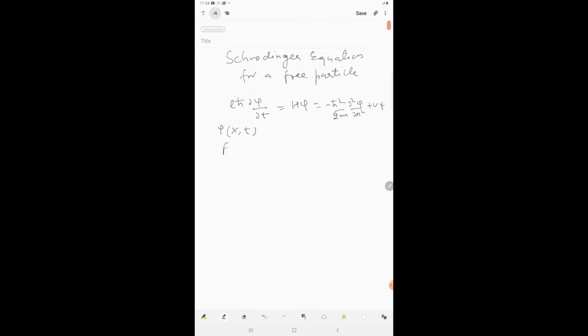Now for a free particle, we know that there is no force, so its potential energy V is 0. And the Schrödinger equation became −ħ² by 2m d²ψ by dx².